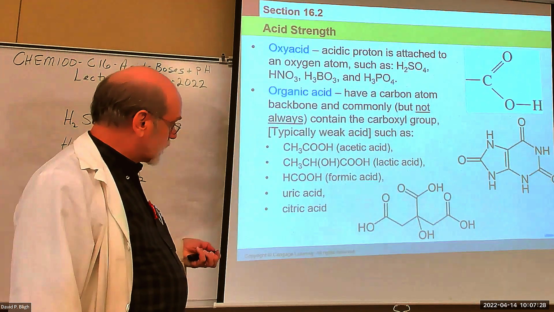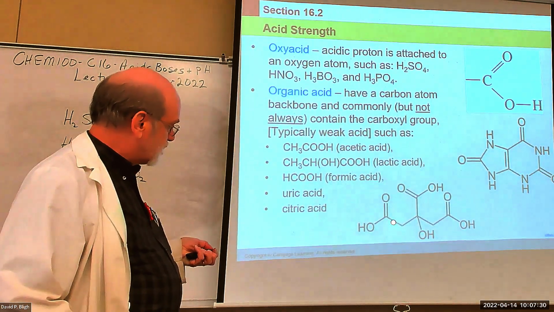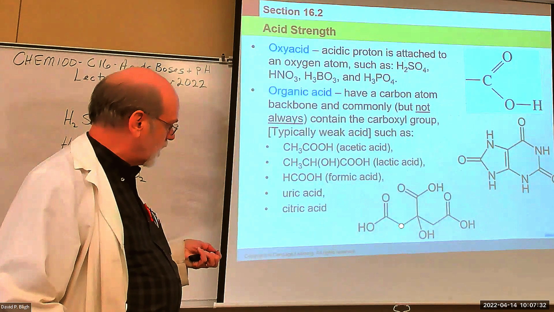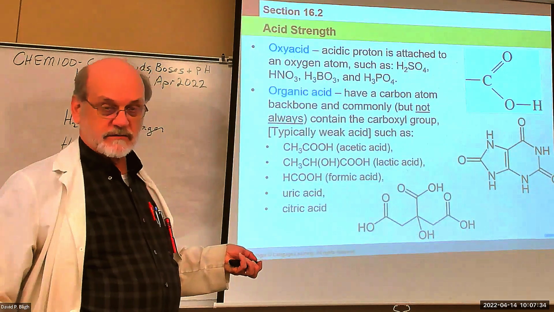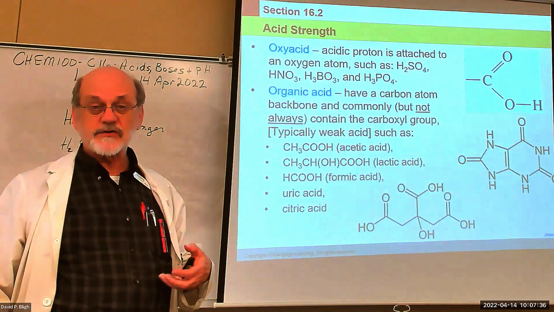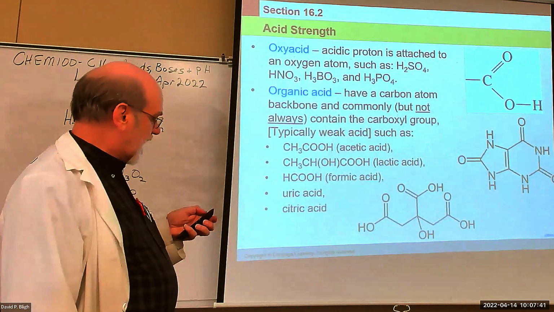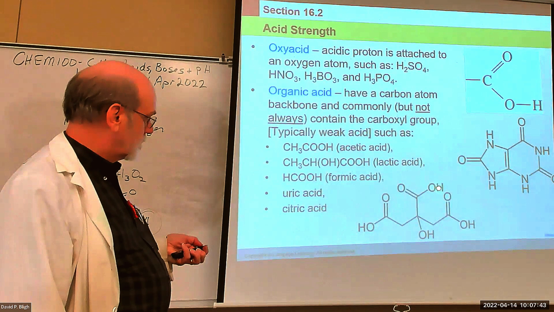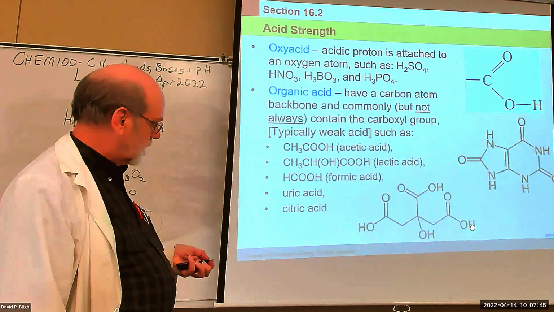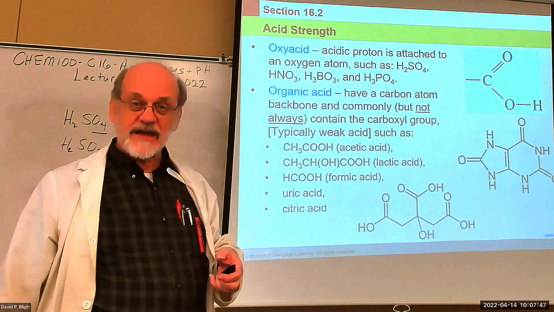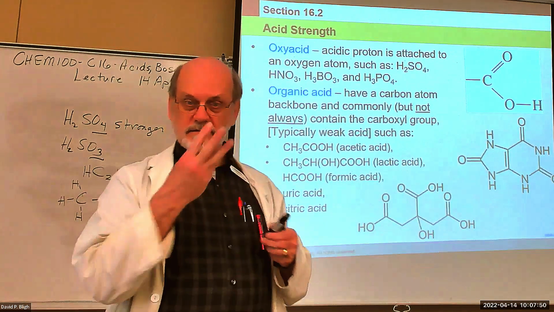So this one's going to have a carbon there, and it's bound to a carbon here, and it's bound to a carbon here. But it also has two hydrogens. But they're not acidic hydrogens, so we're not concerned with them right now. The acidic hydrogens, this one, and that one. So citric acid has three acidic hydrogens.